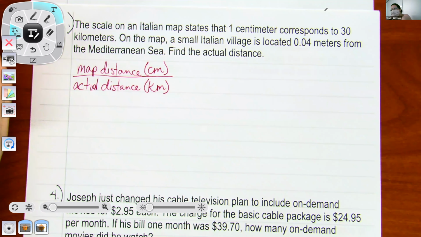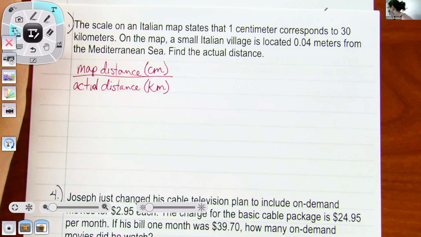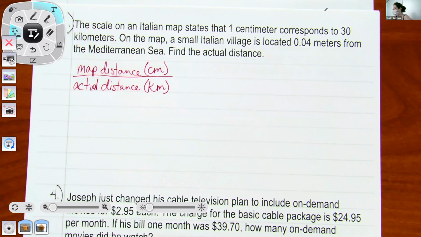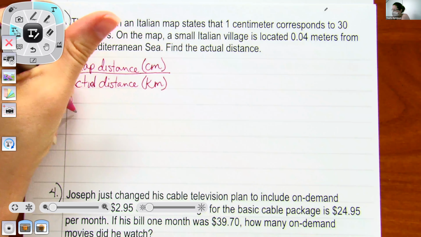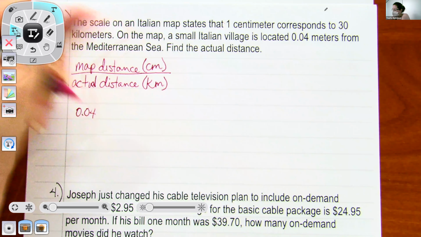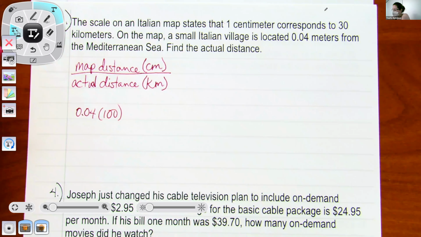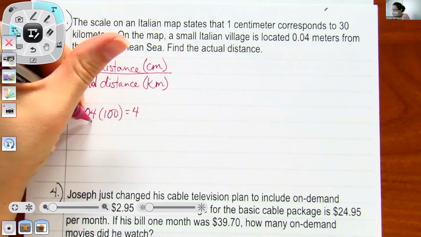We're going to go more in depth on units of measurement and meters and centimeters starting next class. But I can go ahead and let you know that there's 100 centimeters in a meter. So 0.04, if you multiply that times 100, that equals 4. So 0.04 meters equals 4 centimeters.